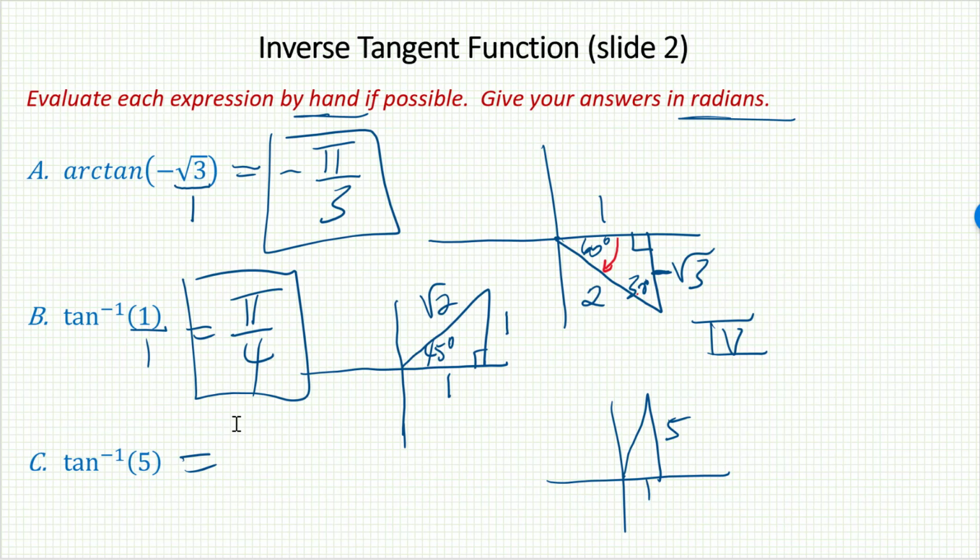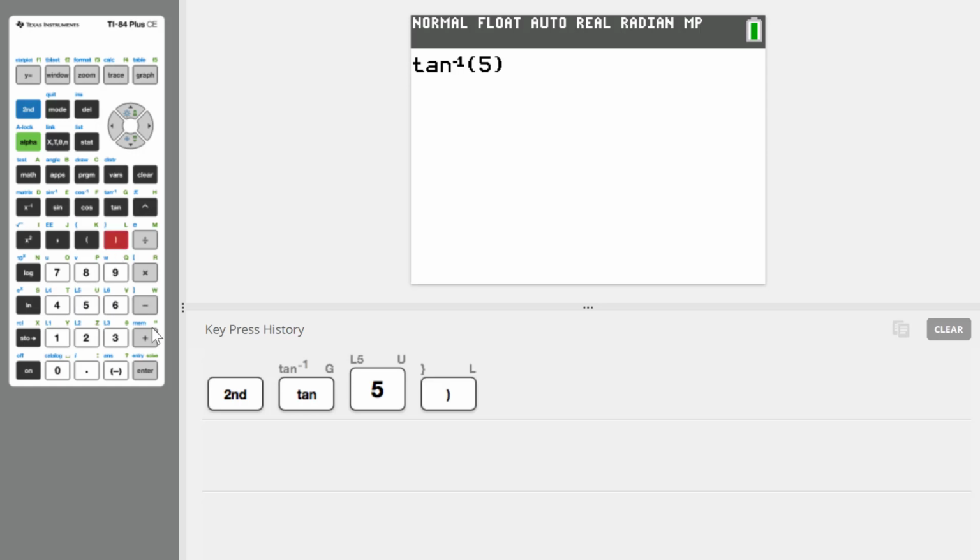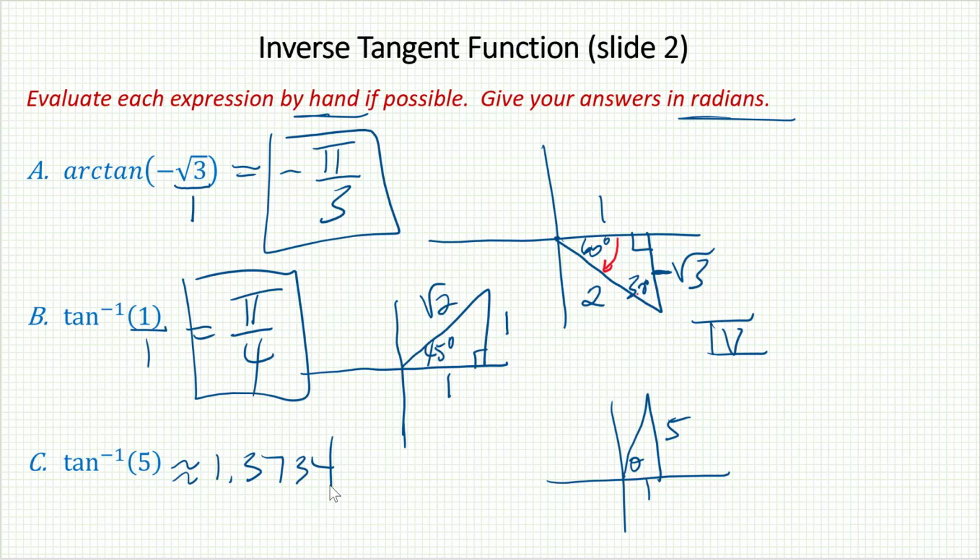Here it is in the first quadrant, but I don't know what angle that is. I'll have to go to the calculator. It's very simple. Tangent inverse is here in blue. Choose it, type in 5, hit enter, and we've got our answer in radians, 1.3734 radians. That's the angle between negative pi over 2 and pi over 2, whose tangent ratio is 5.